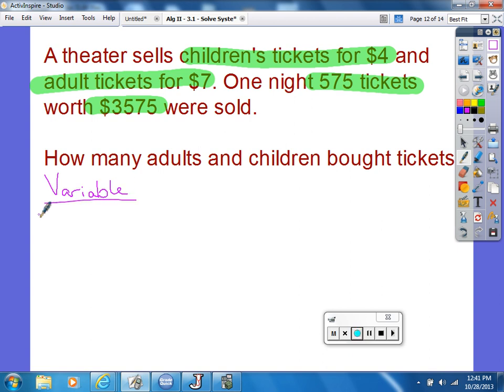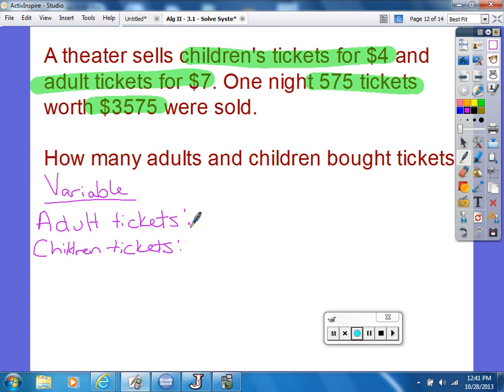I'm looking for adult tickets. And I'm looking for children tickets. Now notice I was specific. I didn't say how many adults and how many children. I'm looking for how many adult tickets, how many children tickets. Does that make sense? Okay.